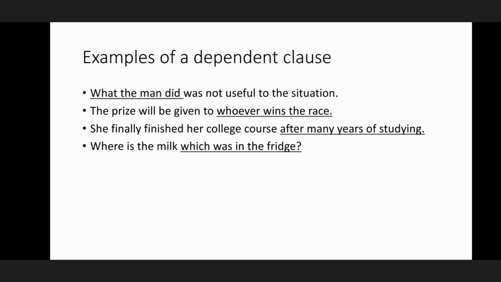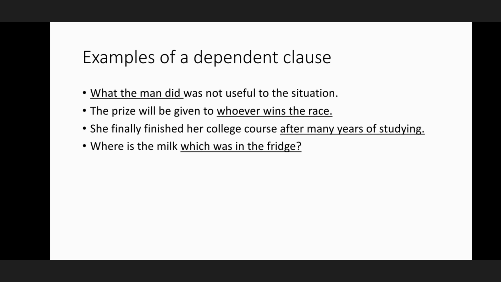So if we are to separate this underlined group of words from the remaining set of words, one will be meaningful while the other will not be meaningful. So let's do that and see. The prize will be given. That is meaningful on its own. The prize will be given, and that is a complete sentence.